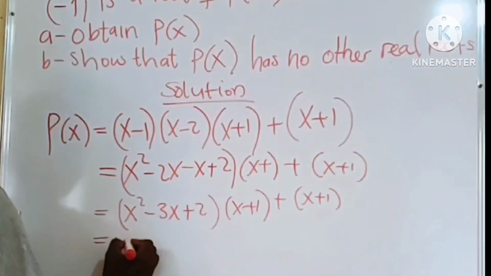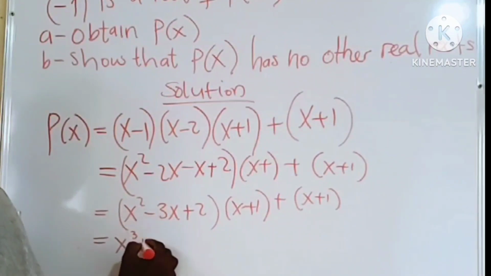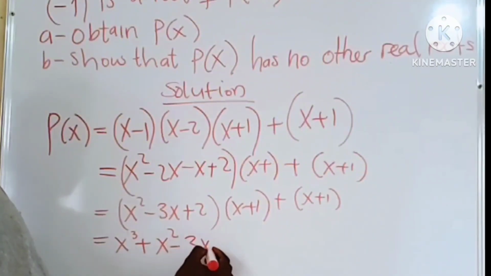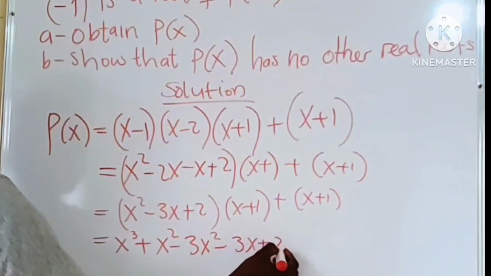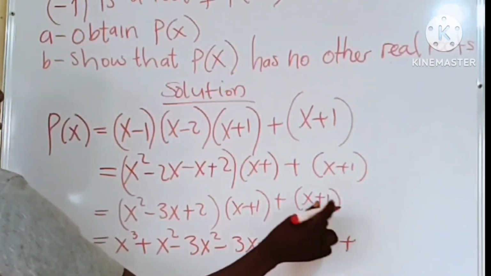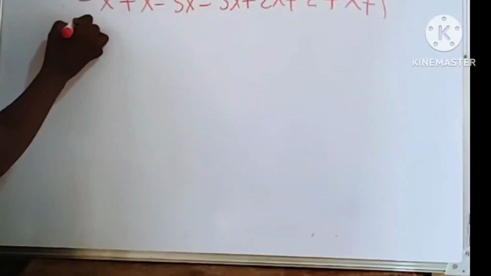Multiplying this will give us x cubed plus x squared minus 3x squared minus 3x plus 2x plus 2 plus x plus 1.